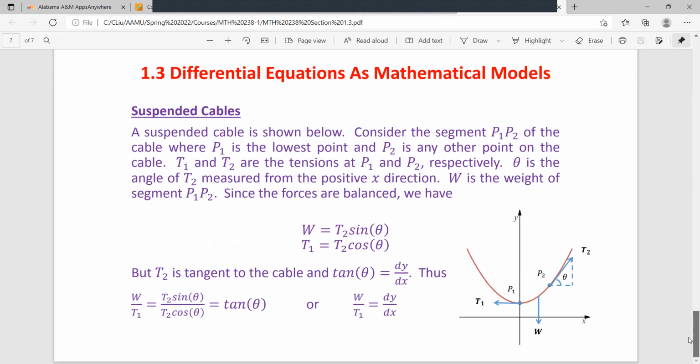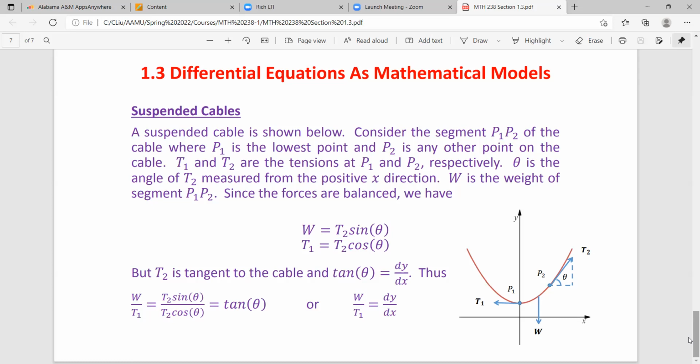Okay, last thing is about suspended cables. This time we have a different problem. We have a suspended cable or rope. You just hold the rope, and you want to ask what's the shape of the rope. So a suspended cable is shown below, and consider the segment P1, P2 of the cable, where P1 is the lowest point and P2 is any other point on the cable.